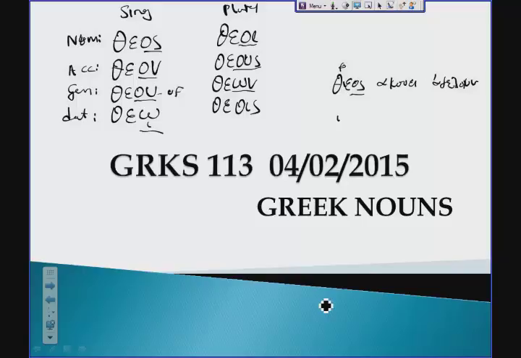Remember that of when it comes to genitive, and then there it will be of gods. It's actually plural, two gods, or four gods. The dative, you have that ois ending.